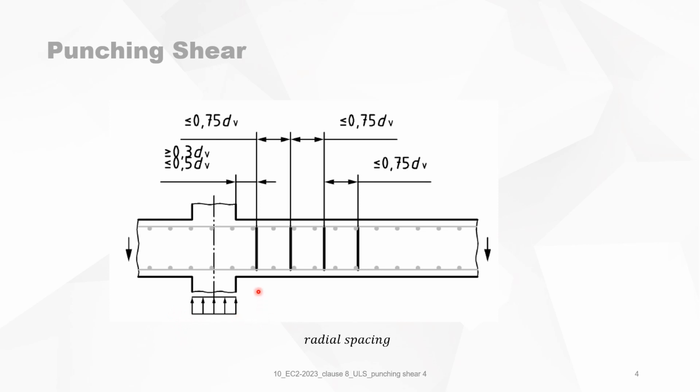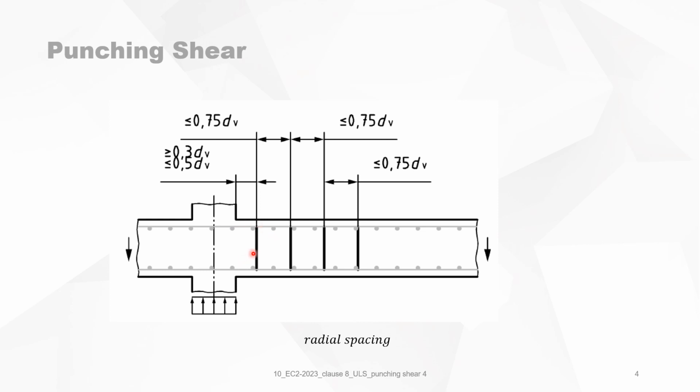The different reinforcement perimeters must be situated at a distance of between 0.3 and 0.5 times the shear resistance effective depth dV from the face of the support.